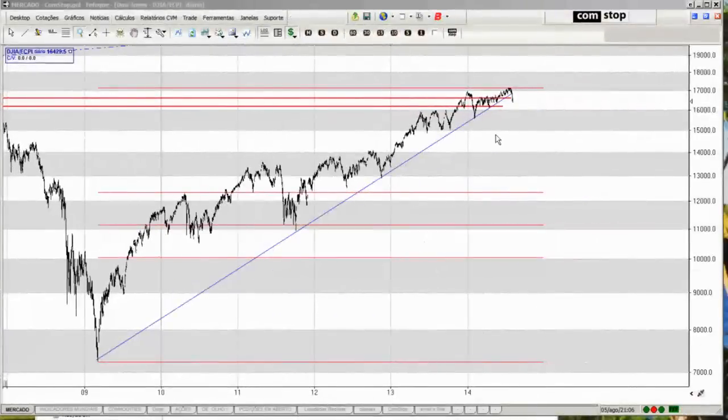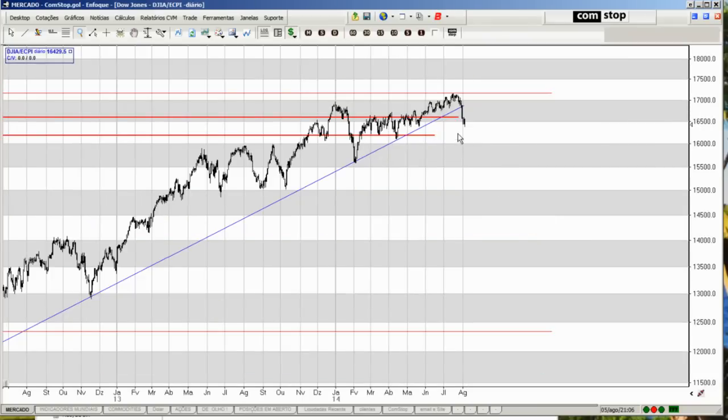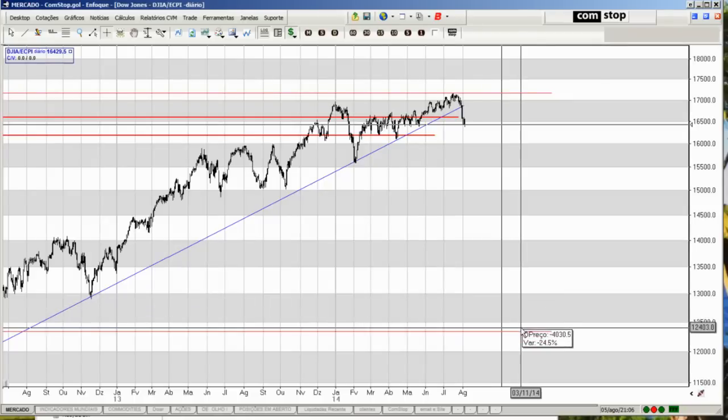That's what we empirically know happens when an upward trend like the one we've seen from 2009 until now is broken. So if that happens, the market is going to fall from today's prices to the level of 12,350, which is where the first level of Fibonacci is, and that is a 25% drop.